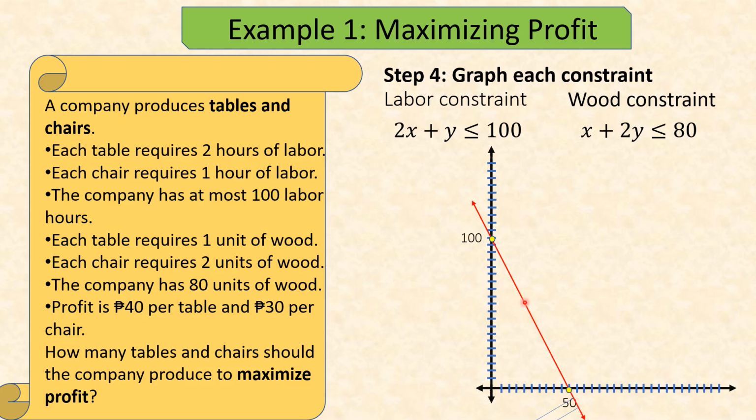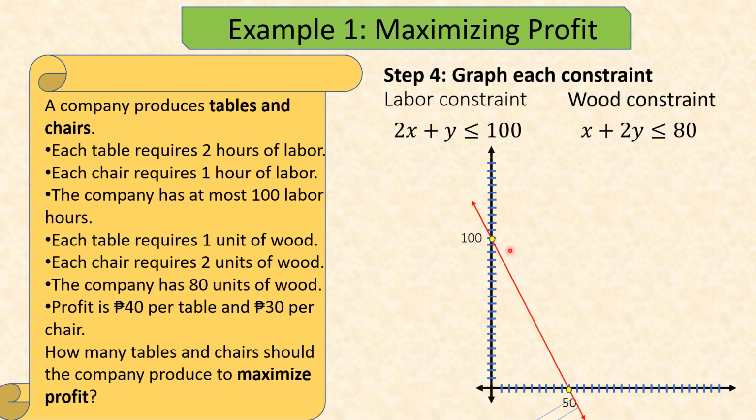Okay, so now, because it is an inequality symbol, it says here, less than 100. So the sum of the values of x and y must be less than or equal to 100. So if you're going to look at this, where is the y coordinate that is less than 100?